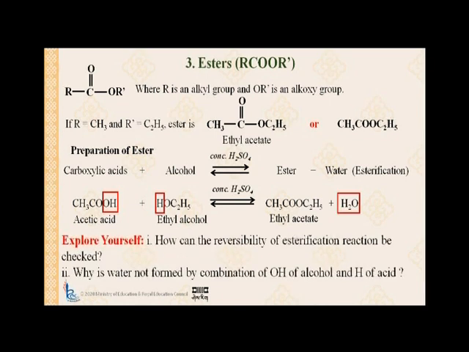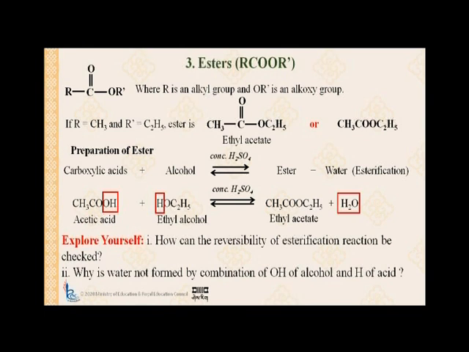So I want you to explore yourself how the reversibility of the esterification reaction can be checked, minimized or prevented. This is one question you need to explore. Now the second question: as I've shown earlier, to produce water we are using the OH from the acetic acid, and it's the H of the ethyl alcohol that gives water in this reaction.